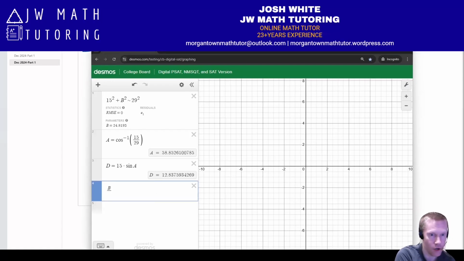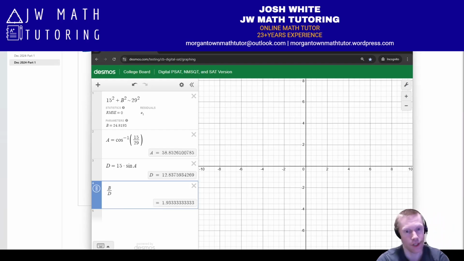So I'm just going to do B over D, which is technically representing BD. So there is your answer, 1.933, same exact answer we got using method 1. And now I can turn it into its fraction form, 29 over 15 if you want to enter it that way.